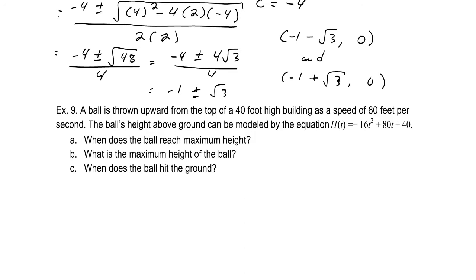So imagine that our function looks like this. The maximum height, or when it reaches the maximum height, is going to be this point right here. The maximum height is going to be right here. Those both relate to our vertex. That's h, k. When does it hit the ground?